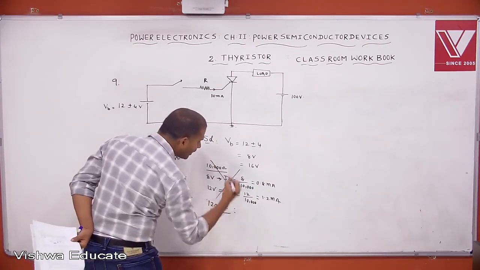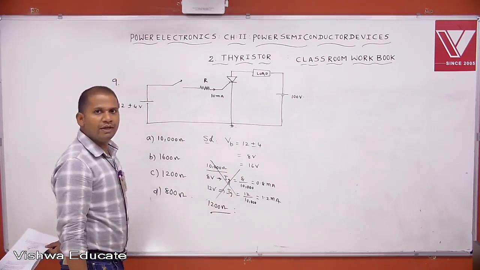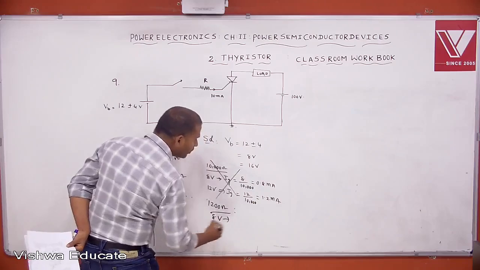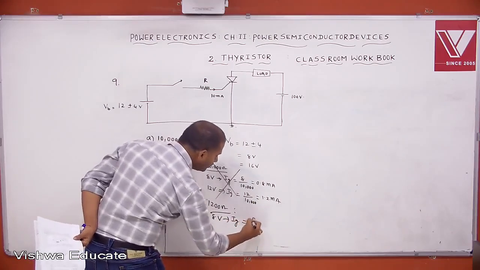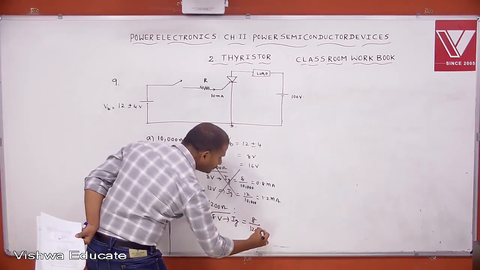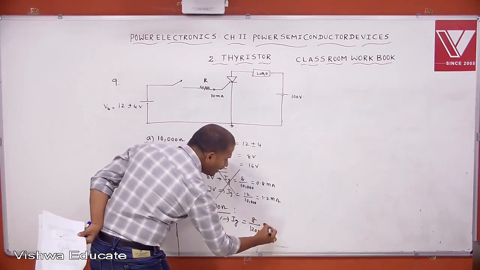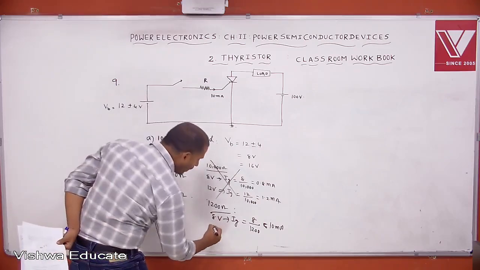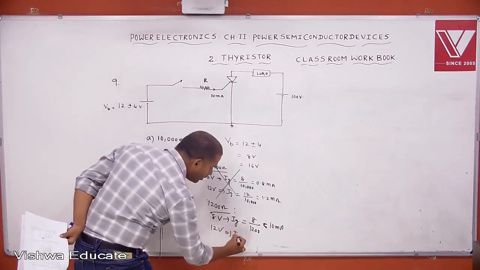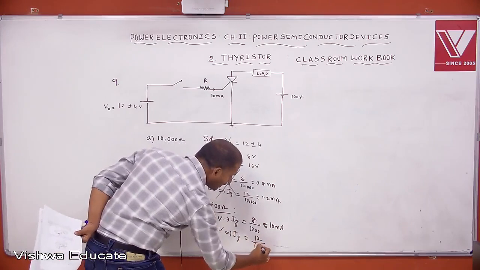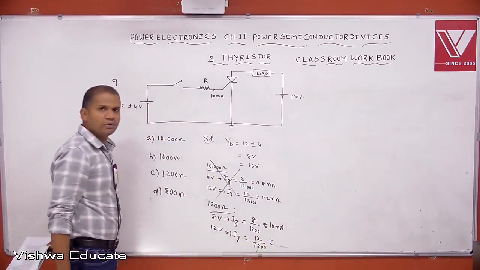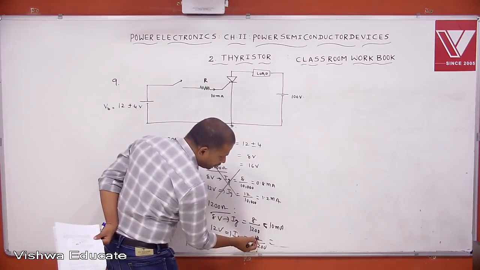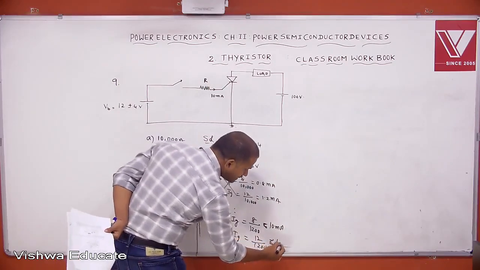Check for 1200 ohms. For 8 volts, the current is 8 by 1200, which is less than 10 milliampere. For 12 volts, the current is 12 by 1200, which is 10 milliampere.